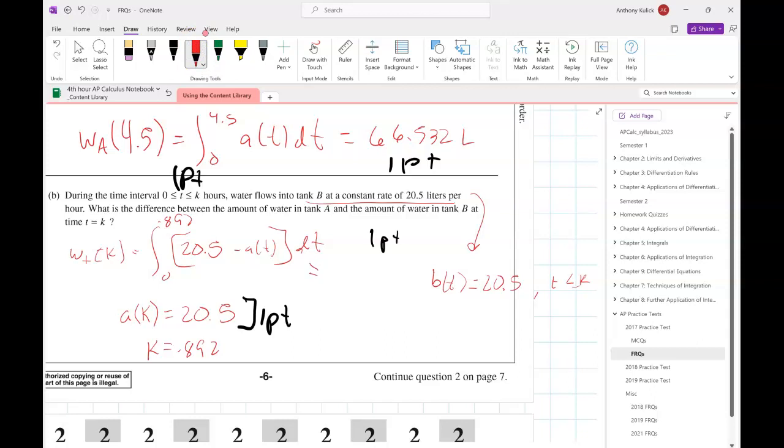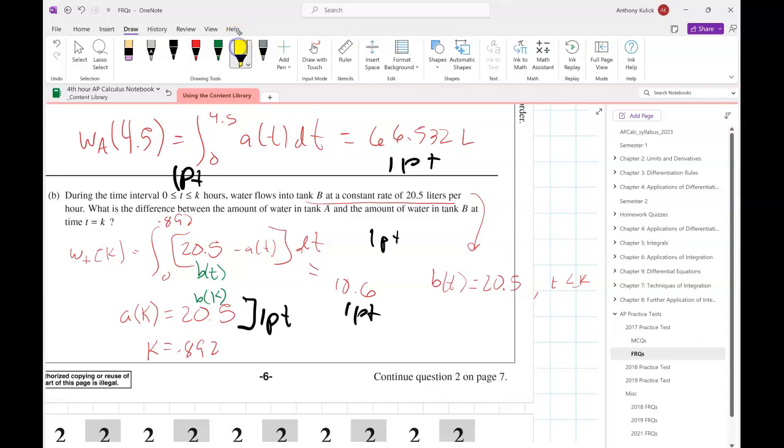This part was B of k, right? So that answer turns out to be 10.6, and that's the third point, just for the answer.